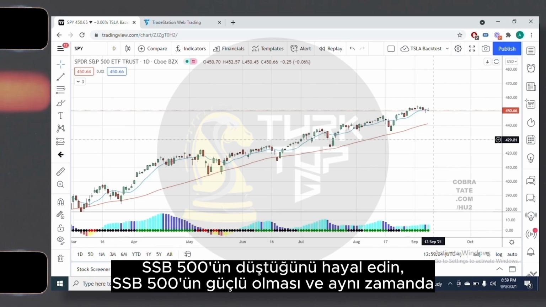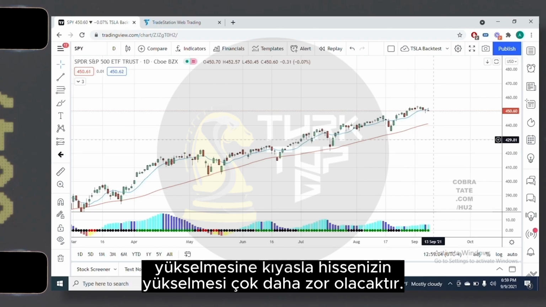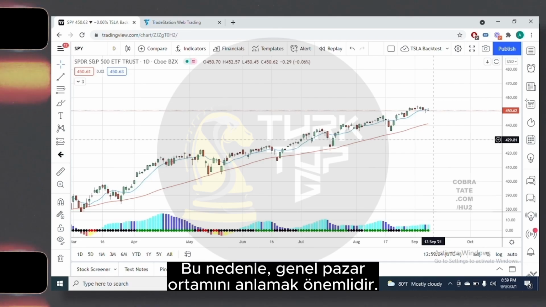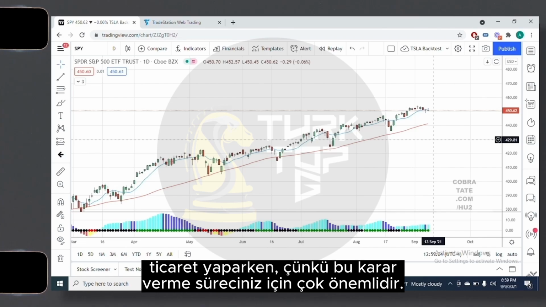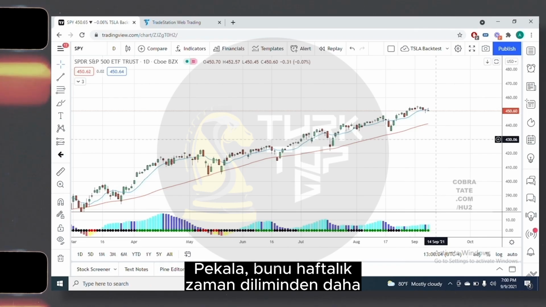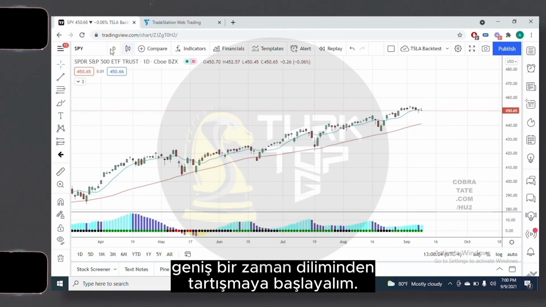Imagine if the S&P 500 is dropping, it would be a lot harder for your stock to go higher compared to when the S&P 500 is strong and going higher as well. So that's why it's important to understand the overall market environment when you're trading, because that is essential to your decision-making process.